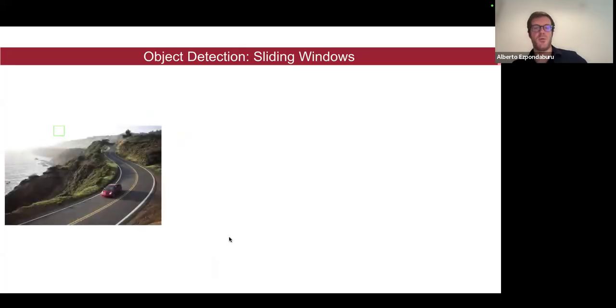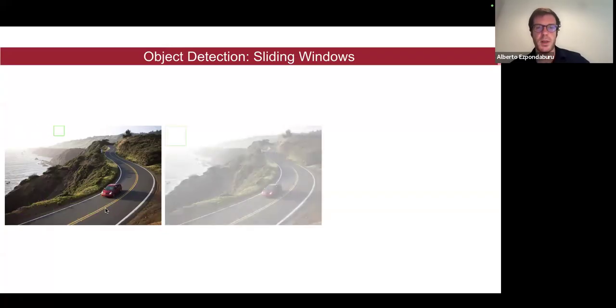What can you do? Imagine we have a pre-trained network and we have to detect where the car is. The first approach is, for example, to create sliding windows. You are going to execute your algorithm in every window. But maybe your car is very big and the window is very small. What can you do?